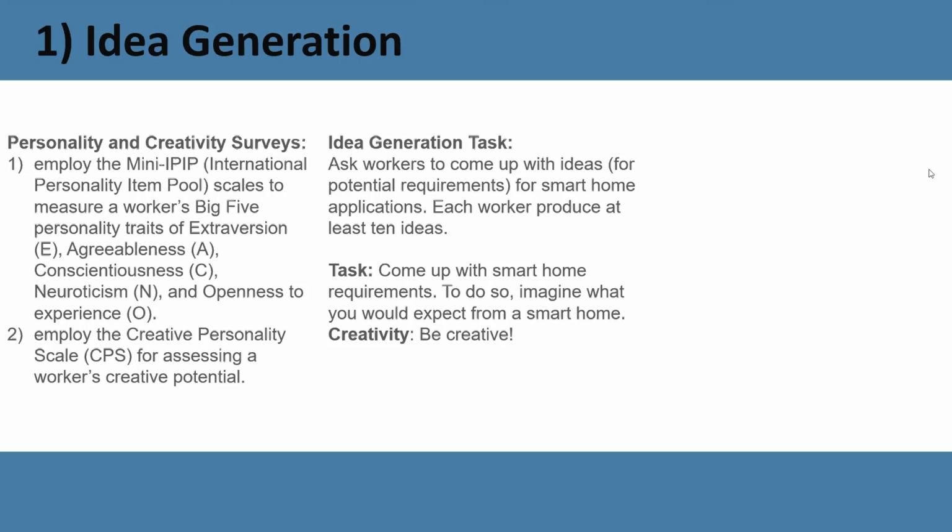The task asks workers to come up with ideas for a smart home application. Each worker produces at least 10 ideas, and the task is to come up with smart home requirements. To do so, imagine what you would expect from a smart home.